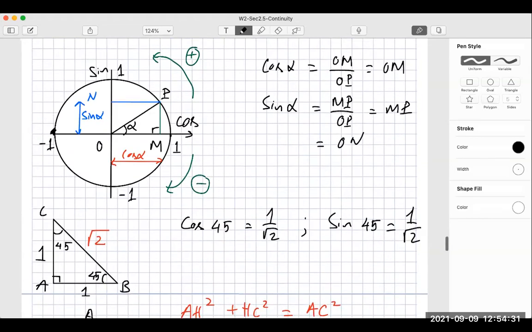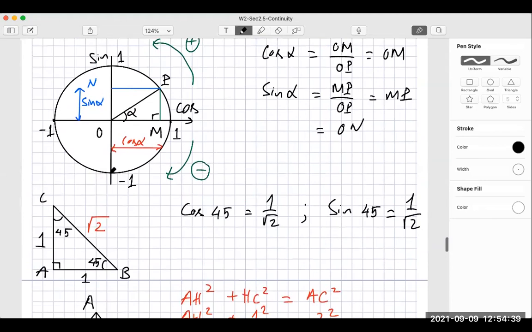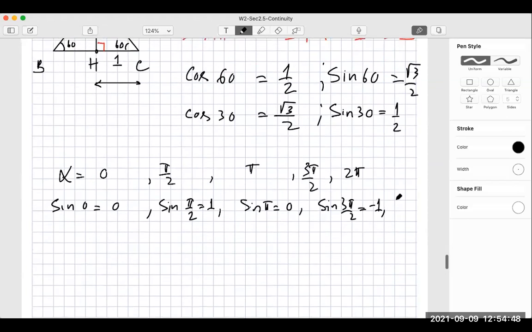Sine of pi? 0. Good. Sine of 3 pi/2? Okay. And sine of 2 pi? Good job.